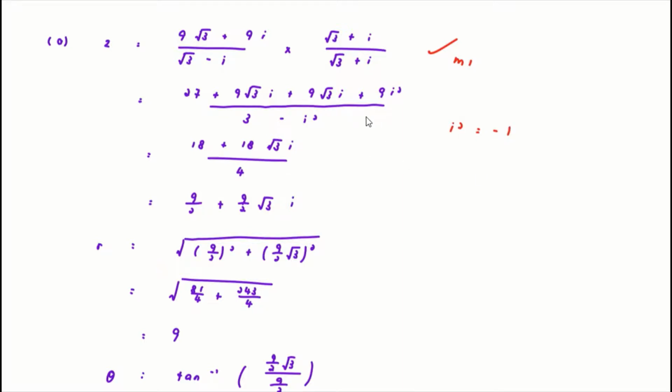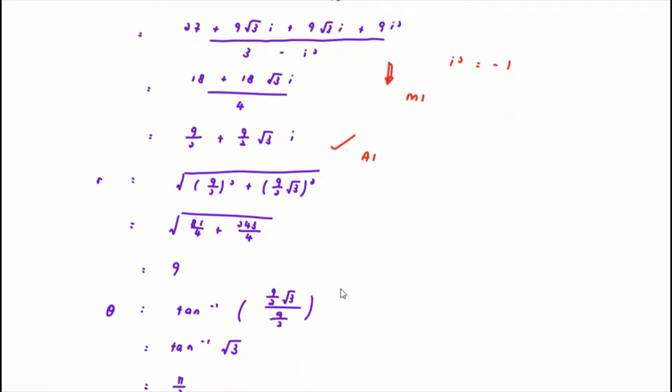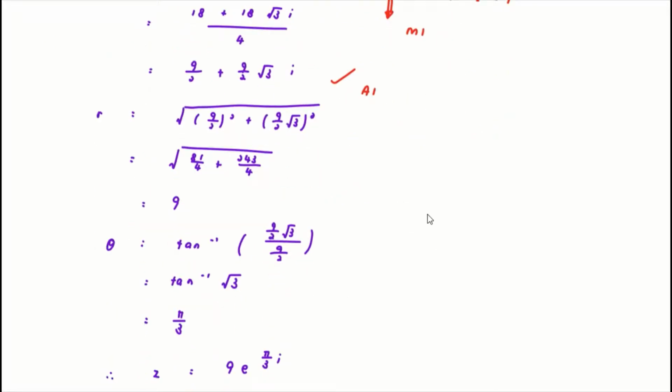Then you can get everything. You can do your working here. Then you get the other M1. So if you are able to get up to 9 over 2 plus 9 over 2 square root 3i, then you'll be able to get A1. Okay. Then when you continue, you find the modulus and you find the argument, then you can get M1. Then you get your last answer correct, then you can get A1.